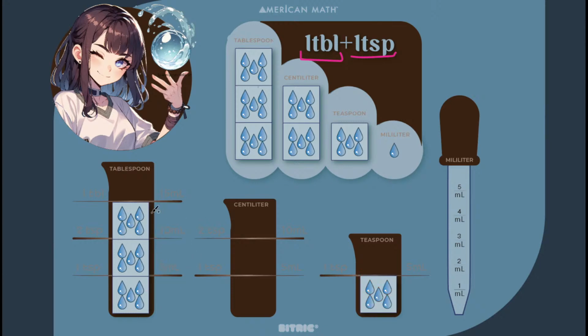So we can see, hey, we have 1, 2, 3 teaspoons inside of 1 tablespoon. 3 teaspoons. And then over here in teaspoons, we see that we have 1 teaspoon. So 1 tablespoon plus 1 teaspoon does equal 1 tablespoon and 1 teaspoon, but it also equals 4 teaspoons.